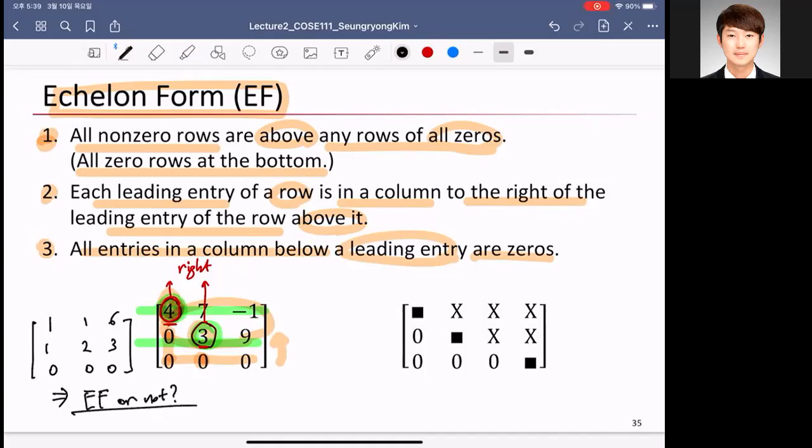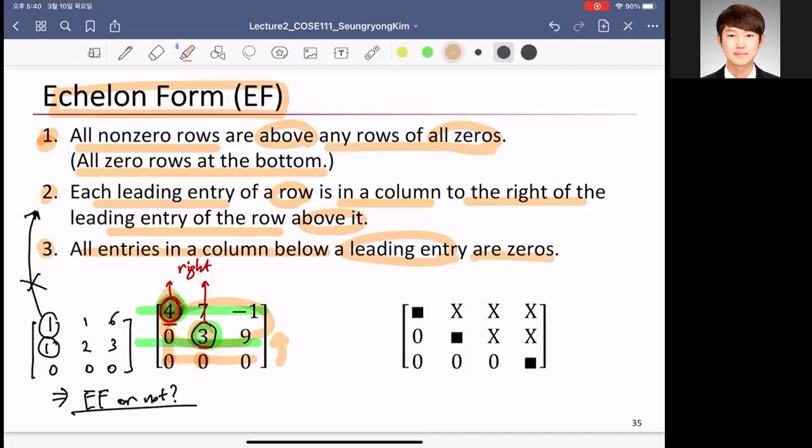Echelon form or not? No. Why? Why not? Because of the 1 in the second row, right? Each leading entry, in this case, the leading entries are here and here, right? So it does not satisfy the second statement, right?